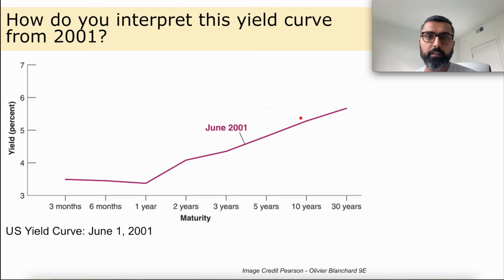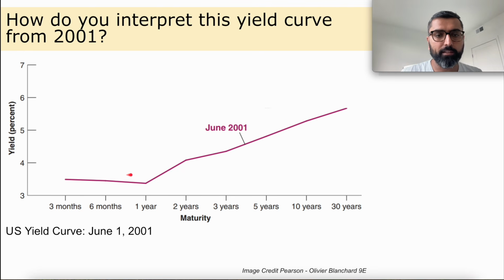At any given day, you can look up the current yield curve. I picked up this yield curve from June 2001 for a reason. There are some really good characteristics about this curve. It has a positive slope, meaning bondholders during June 2001, or new bondholders, would get a higher yield, about 5.5%, for holding a longer duration bond compared to the shorter duration bond that gets 3.5%.